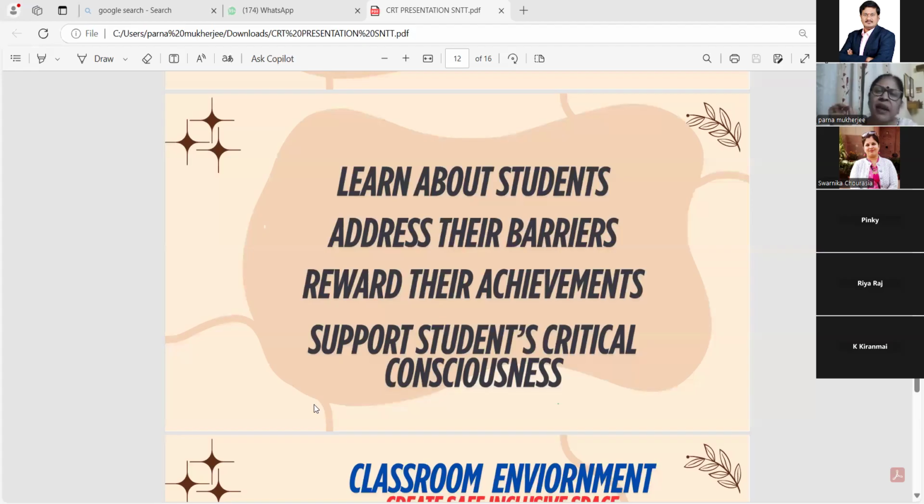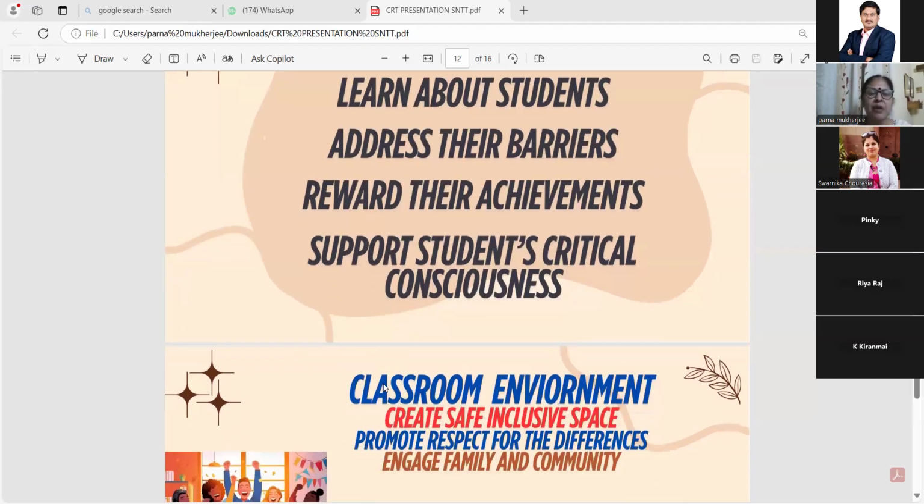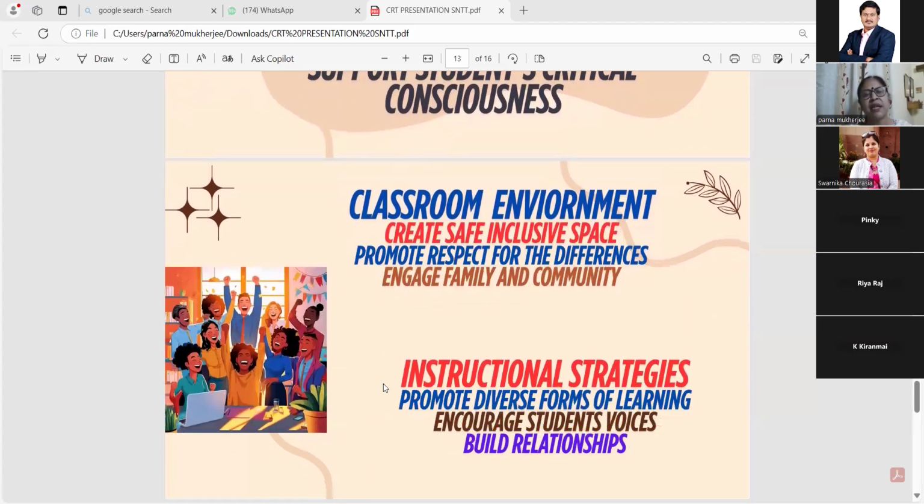In the same way we can address their financial biases and racist biases. We need to find ways to address it and to make the child cool, calm, and happy and included in the classroom. For that, when we start doing it, we have to change our classroom environment and create a safe, inclusive space.